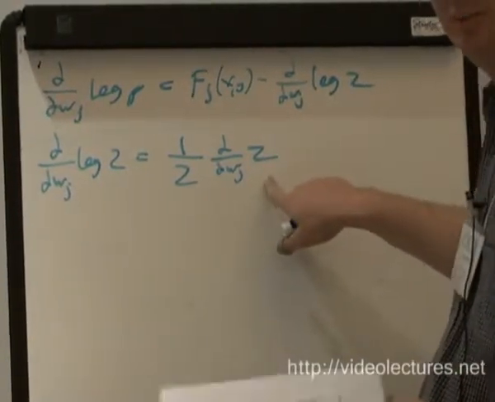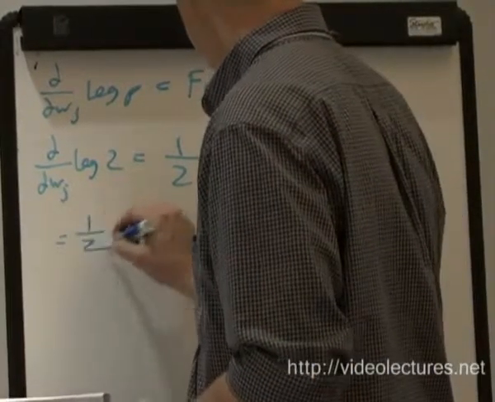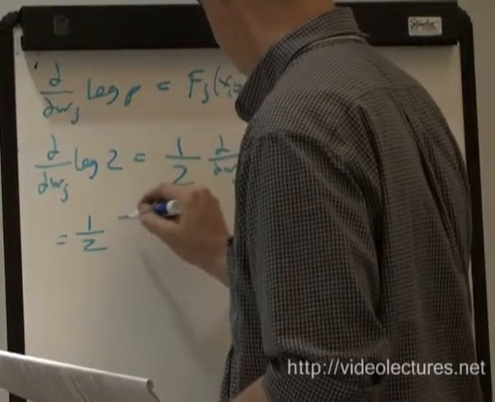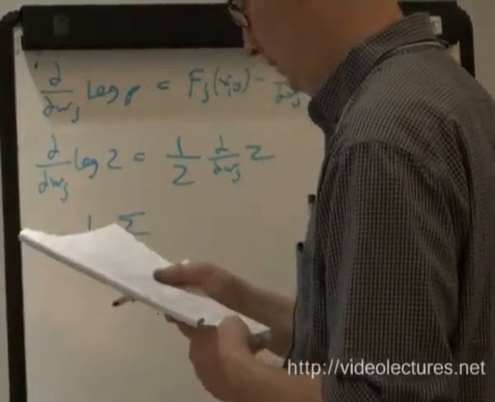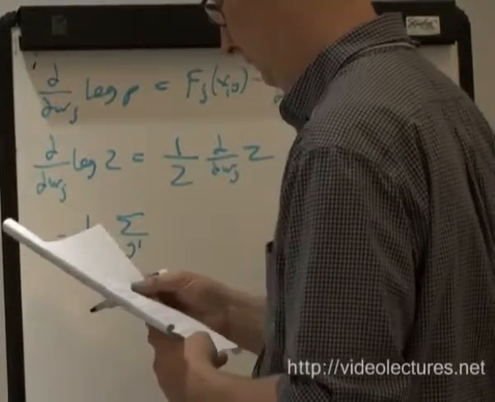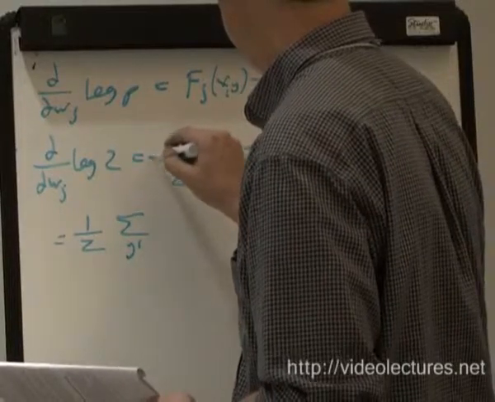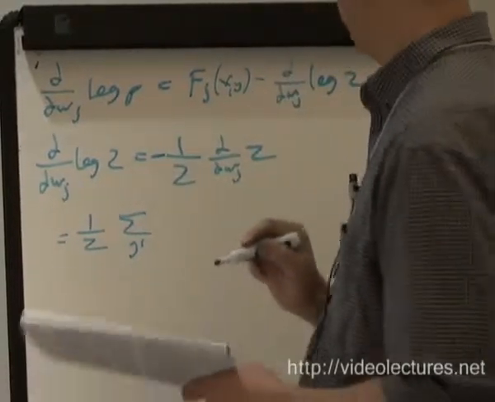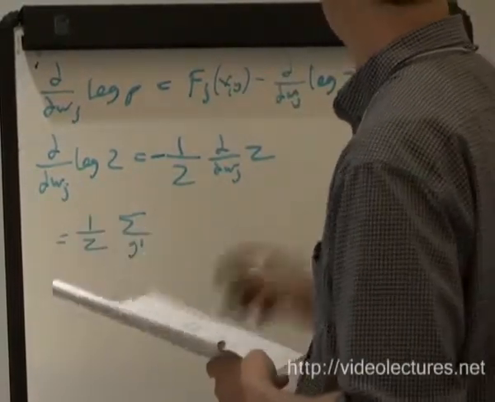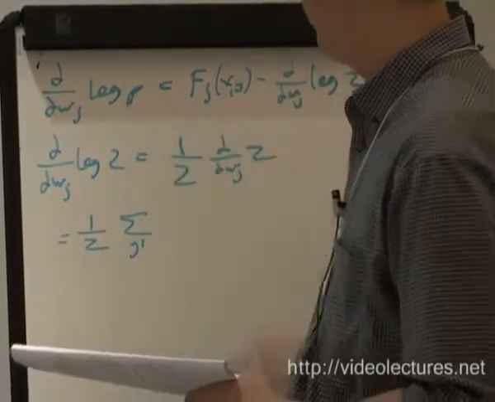Okay, so z is a summation. So this is 1 over z, sum over y prime. This is actually a minus here. The minus is here, but not here.